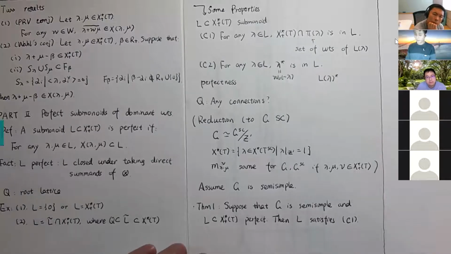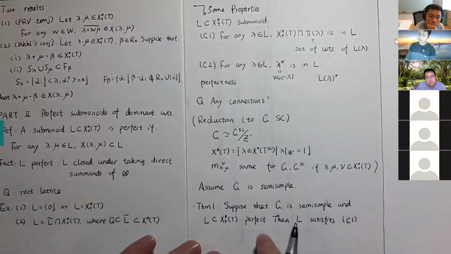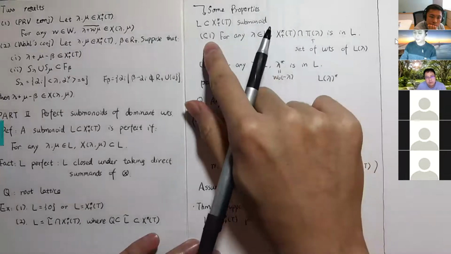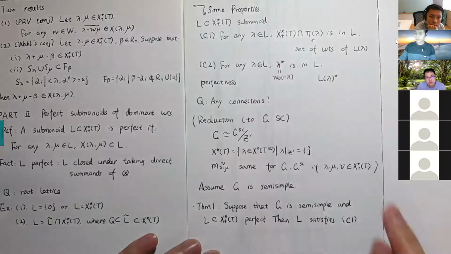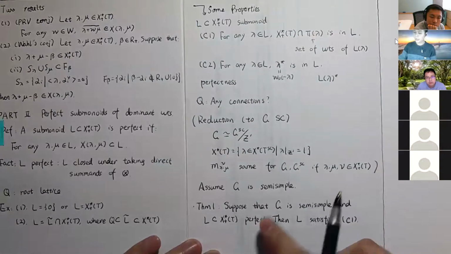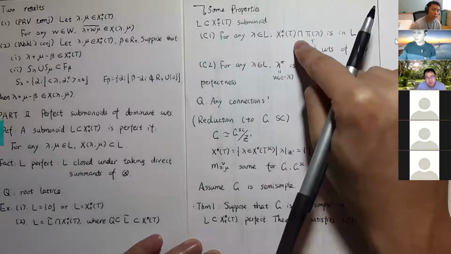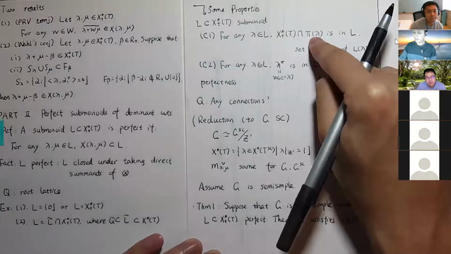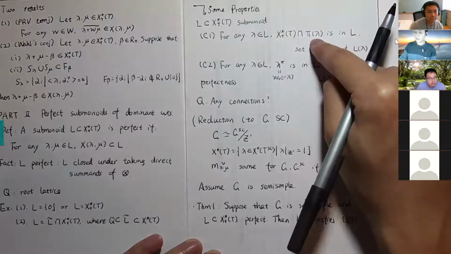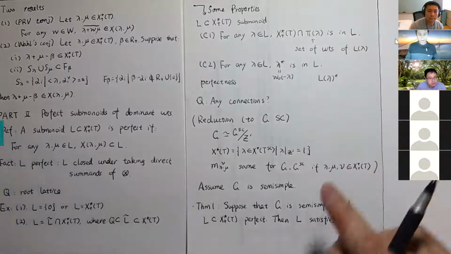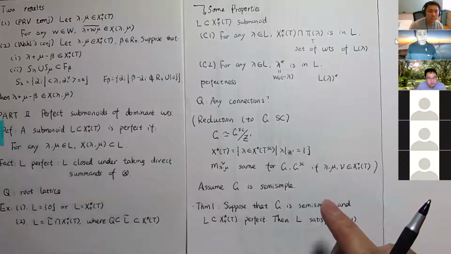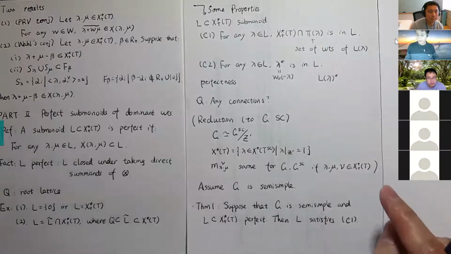So this is my first result, that claims perfectness implies C1, this type of closeness. So if it is perfect, then for any lambda in L, all the dominant weights in pi lambda are contained in L.